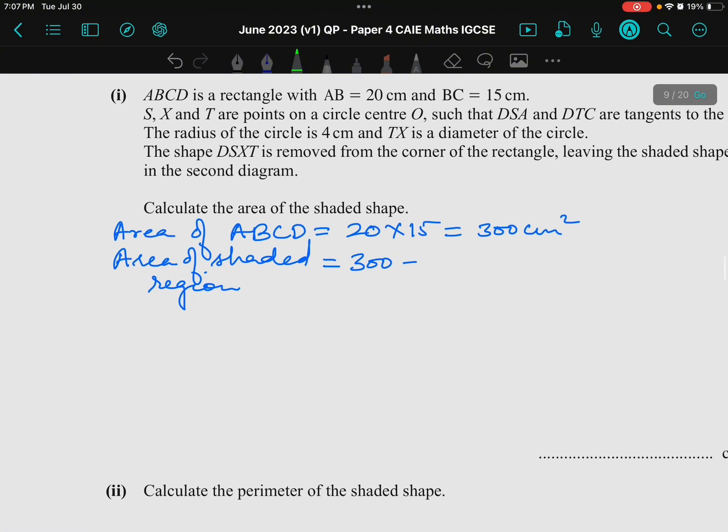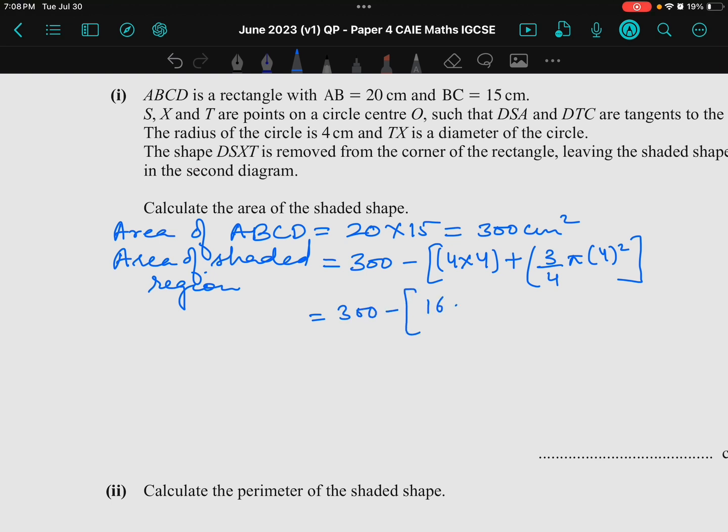So 300 minus the area of a square, side into side, plus the area of the 3/4 of the circle, 3/4 pi r square, which is 4 square. So it is 300 minus 4 4s are 16 plus 3/4 pi into 4 into 4.